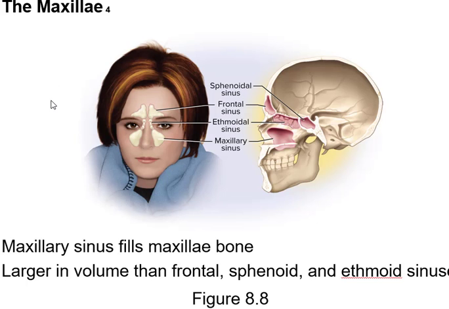I do expect you to know these 4 sinuses. And look, again, if you're looking here, it's kind of easy to see where these are in relationship to the eyes. You can use the eyes.